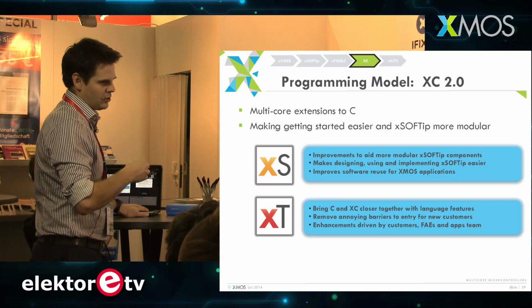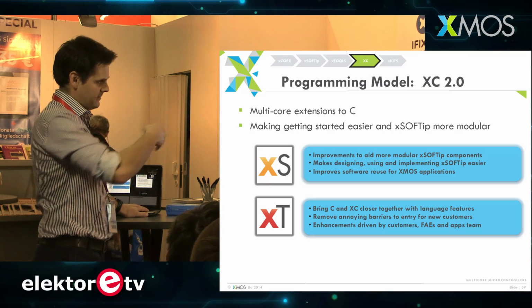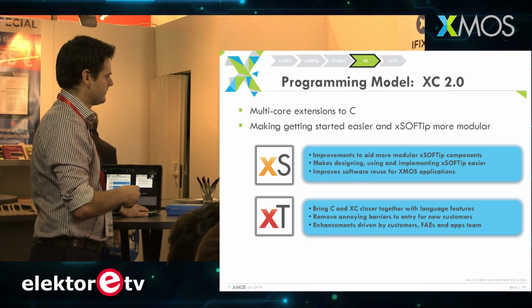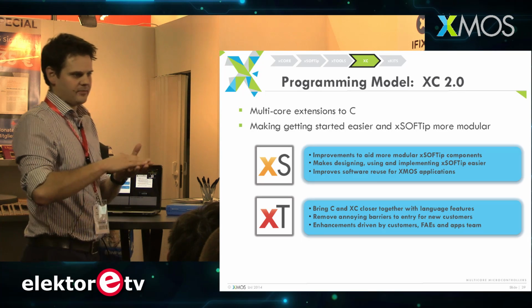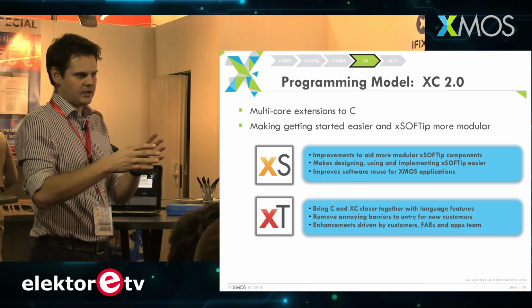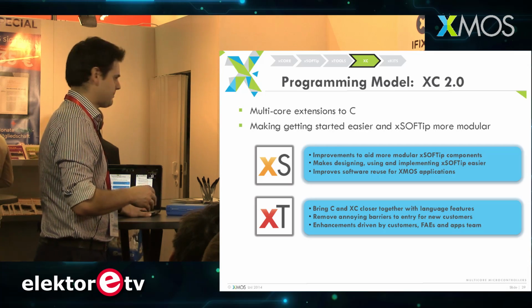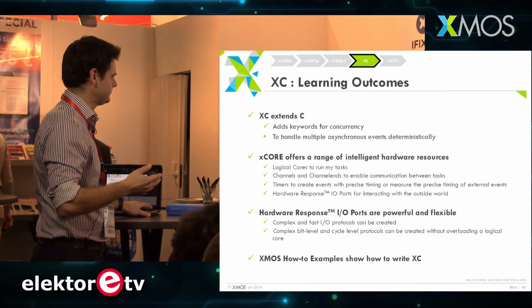So XC2, there was a previous version of XC. XC2 is the version that we're working with now. And it also includes some abstractions to make communication between cores much easier and transparent to the user.